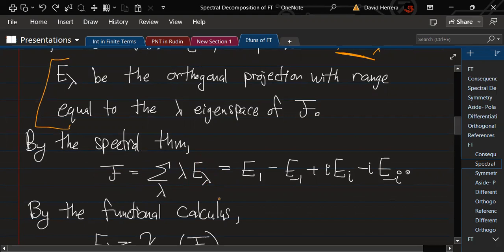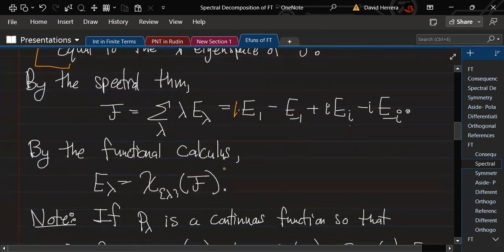Because there are only 4 eigenvalues, this is 1 times E1 minus E negative 1 plus I E I minus I E negative I. And that is the standard spectral theorem.